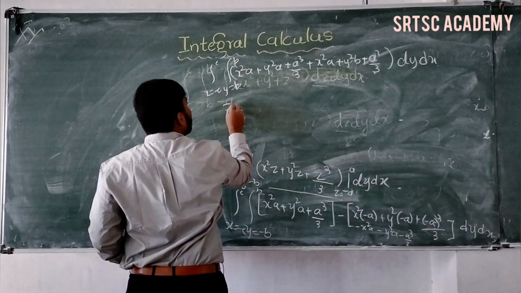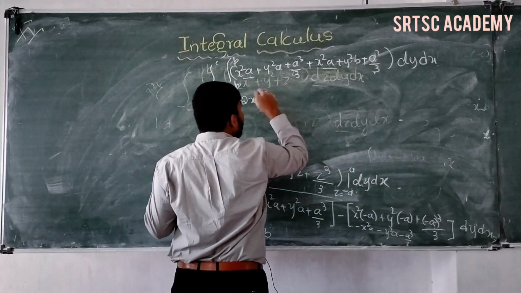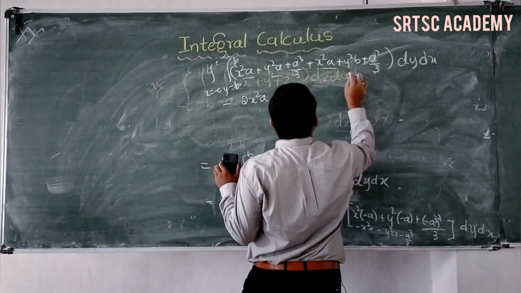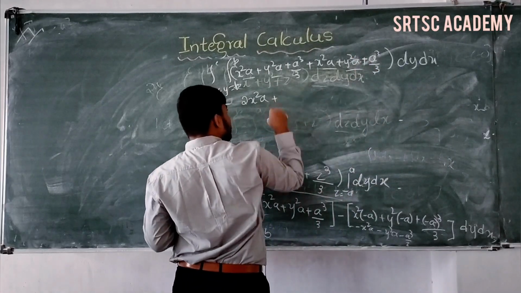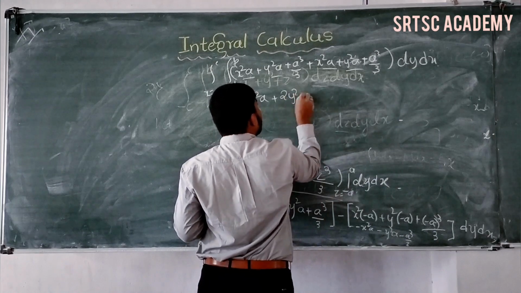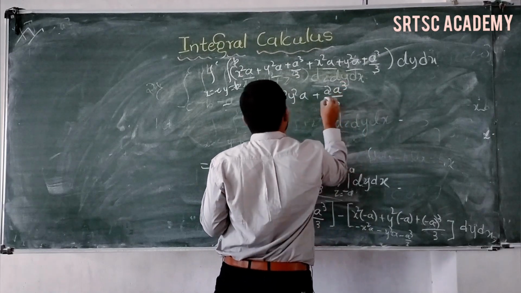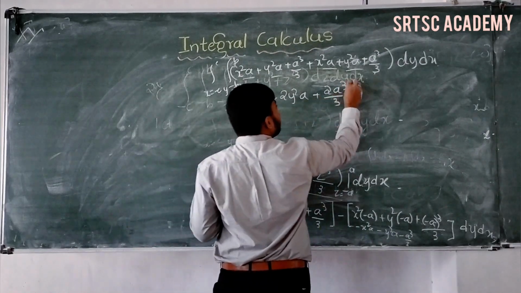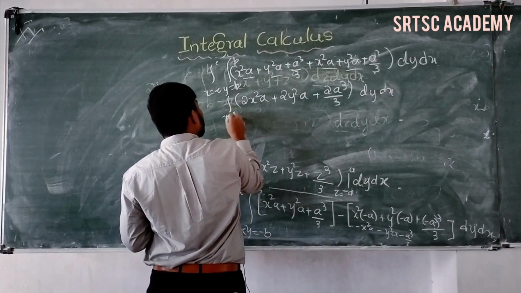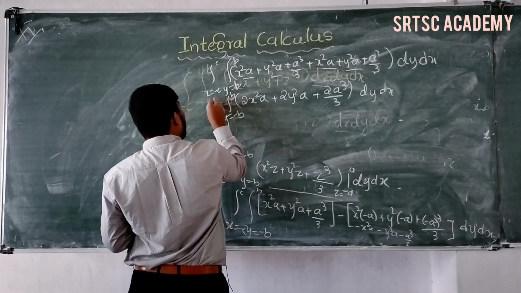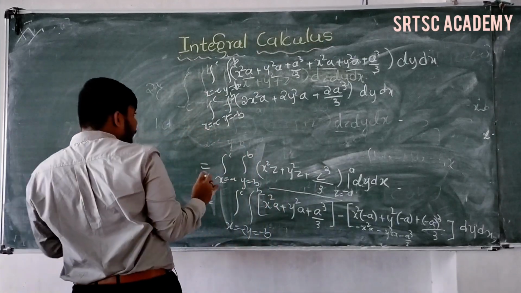Okay, simplify it. x square a, x square a, 2x square a, y square a, y square a, that is plus 2y square a plus a cube by 3, a cube by 3, 2a cube by 3, right? dy dx. y varies from minus b to b and x varies from minus c to c. Simple.